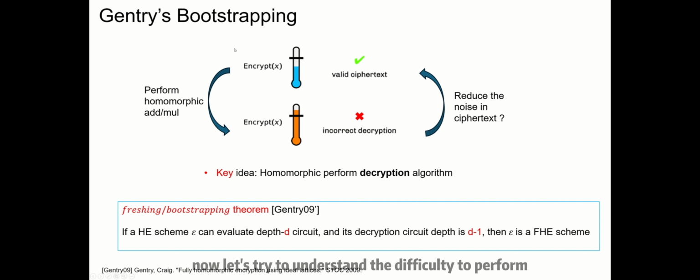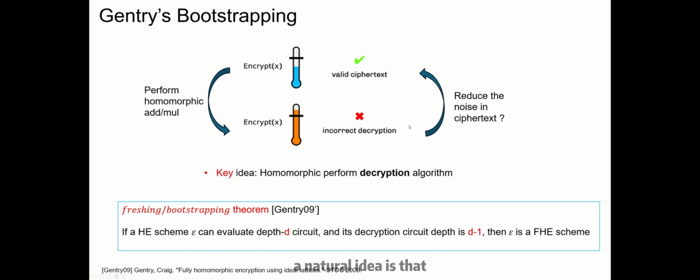Now let's try to understand the difficulty of performing an unlimited number of multiplications. When we're doing homomorphic operations like addition and multiplication, the noise inside the ciphertext gradually increases, and at some level, this noise is above the threshold, which means we can no longer decrypt the ciphertext correctly.